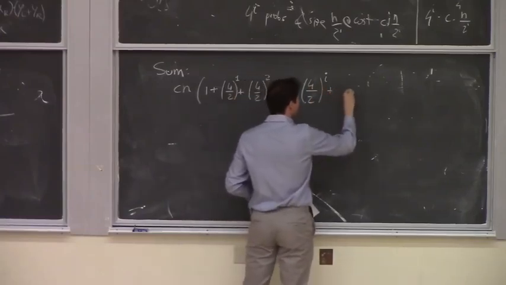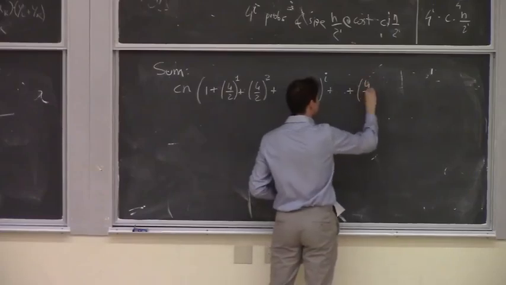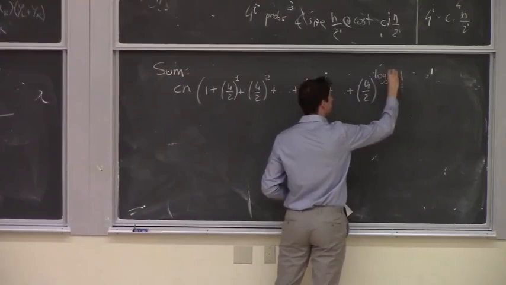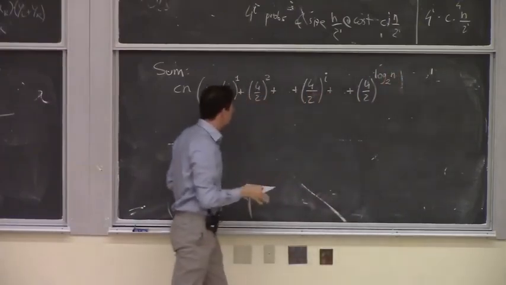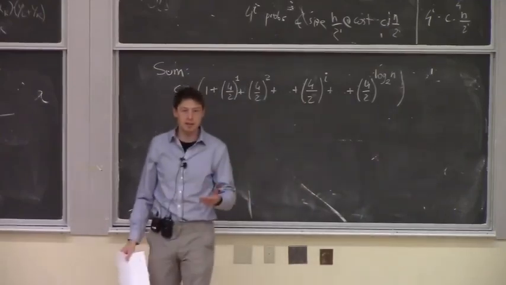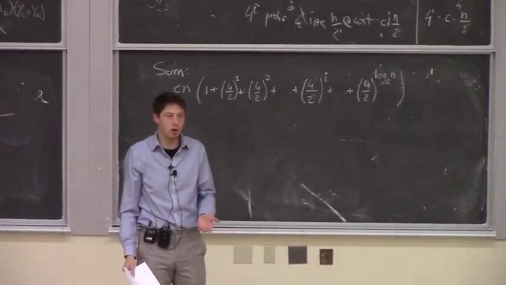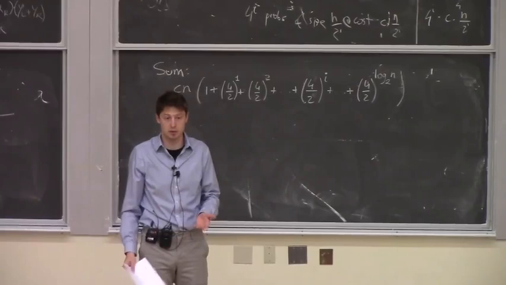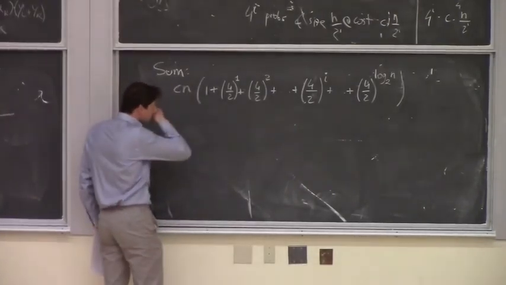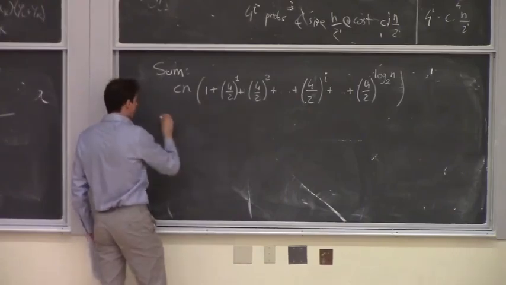And then at the very end, what we will find is 4 over 2 to the log base 2 of n. Why log base 2 of n? Because after we have halved n log n times, we get 1, and that's the base of the recursion. So that is the expression.